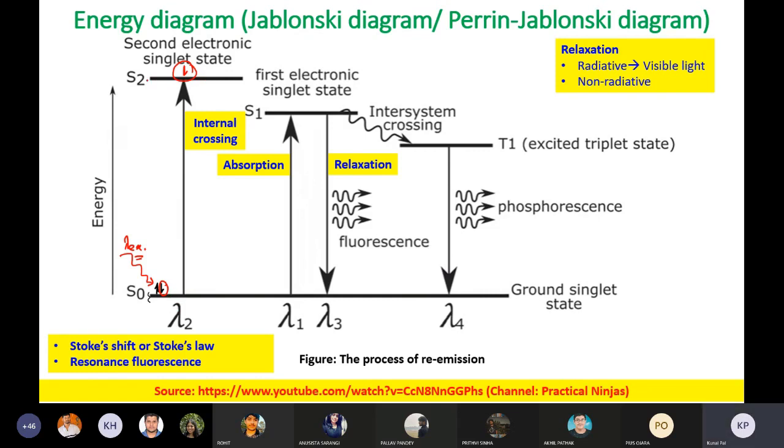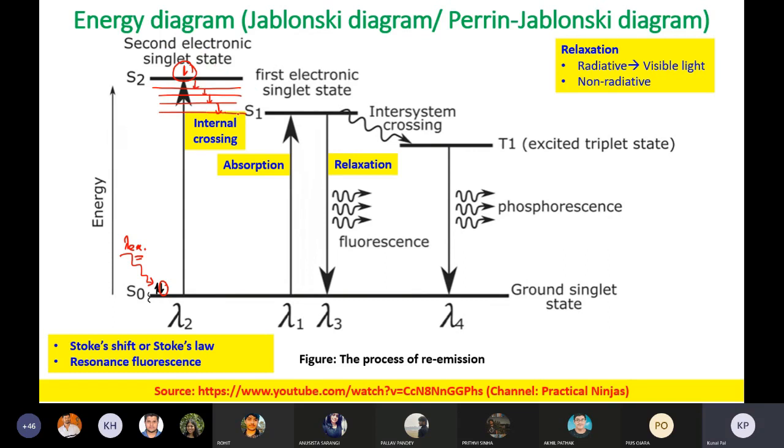Now here also, in S2, there are various vibrational levels. This electron moves through the vibrational levels and comes to the lowest energy of the second electronic singlet state.